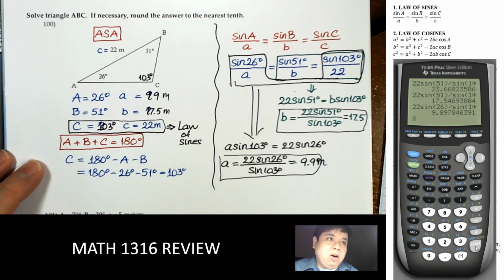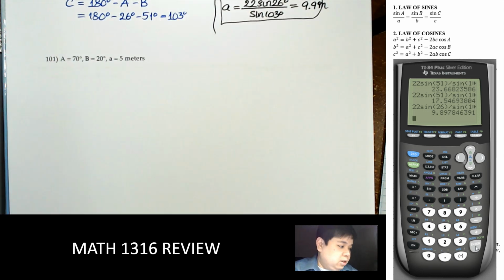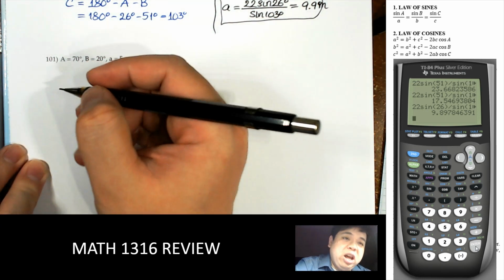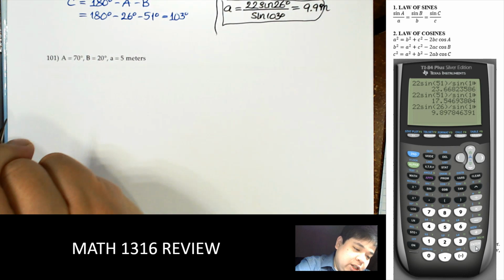Then we'll go to the second problem. This one we are not given the triangle, so we have to draw it. It doesn't matter, just anything generic will do. So just draw the triangle.